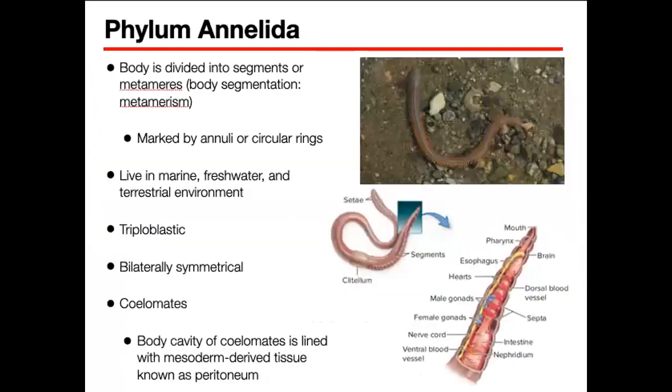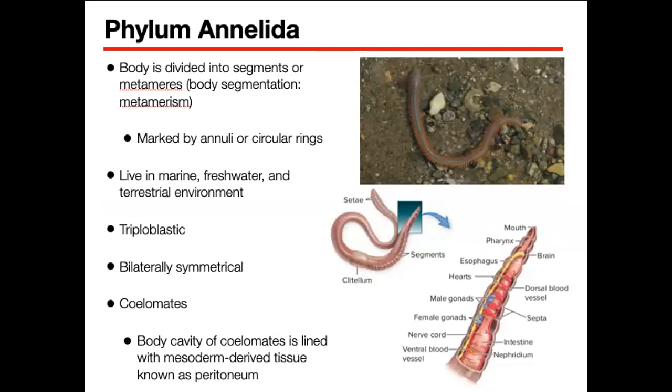So next would be phylum Annelida. Itong phylum naman na to is composed of invertebrates wherein their body is divided into segments, or what we call metameres. Okay? So body segmentation is also synonymous to metamerism, and they are marked by annuli or circular rings. They live in a variety of environments.